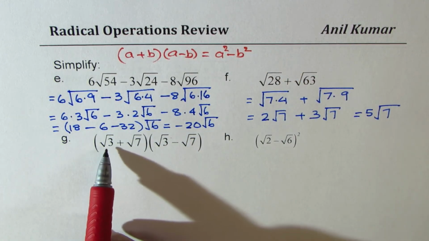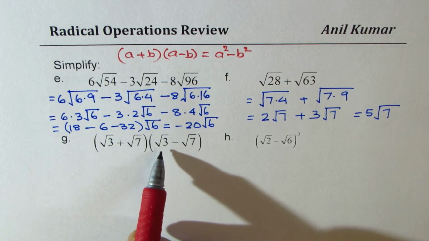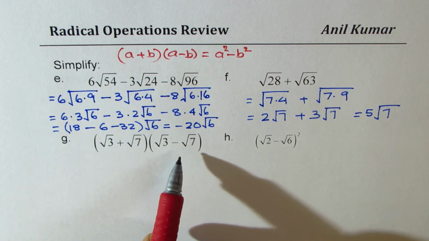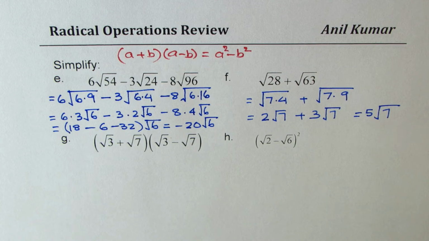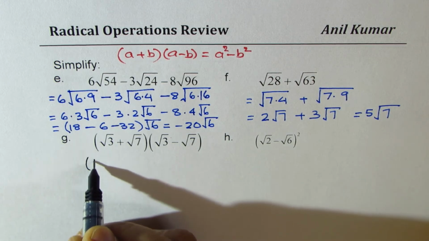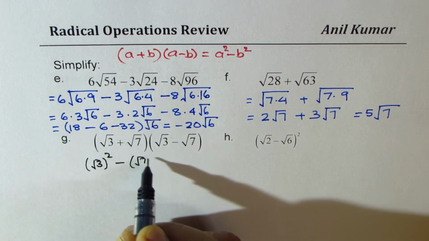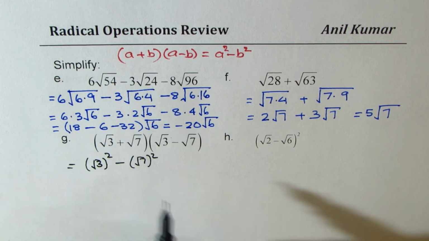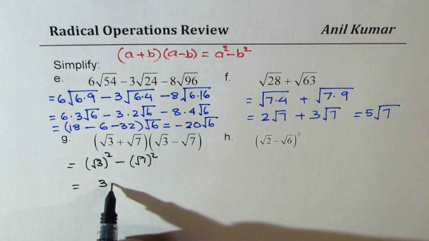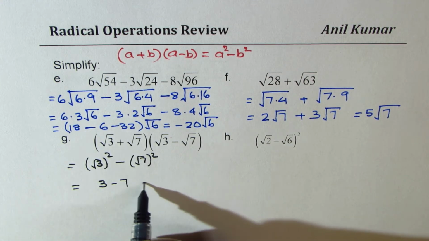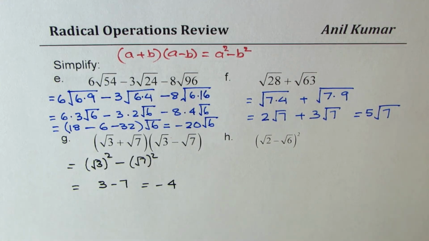As you can see, it is (square root 3 plus square root 7) times (square root 3 minus square root 7). We could write this as square of square root 3 minus square of square root 7, which gives us 3 minus 7, which is indeed equal to minus 4.